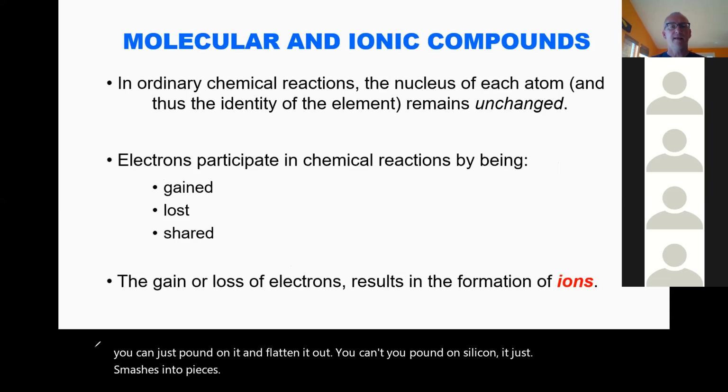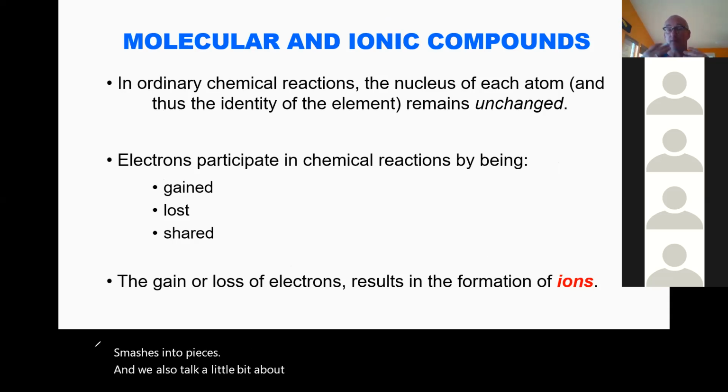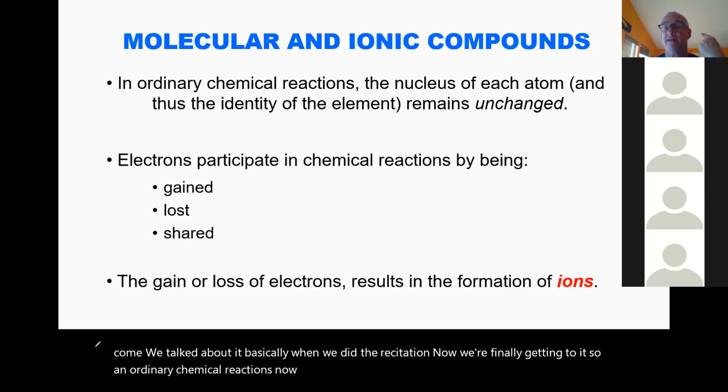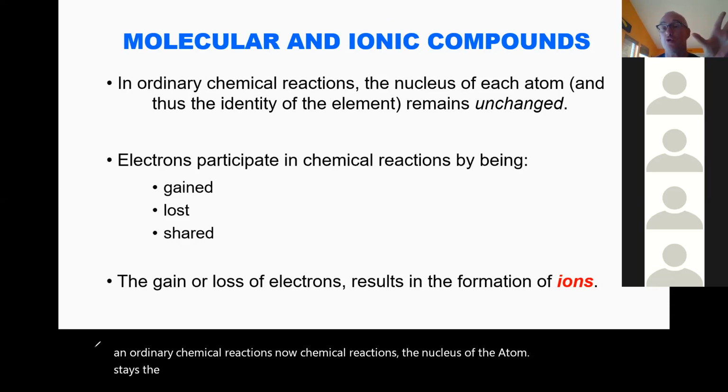Okay. And we also talked a little bit about molecular and ionic compounds. We talked about it basically when we did the recitation, and now we're finally getting to it. So in ordinary chemical reactions, the nucleus of the atom stays the same. In a nuclear reaction or an atomic reaction, the nuclei are different.